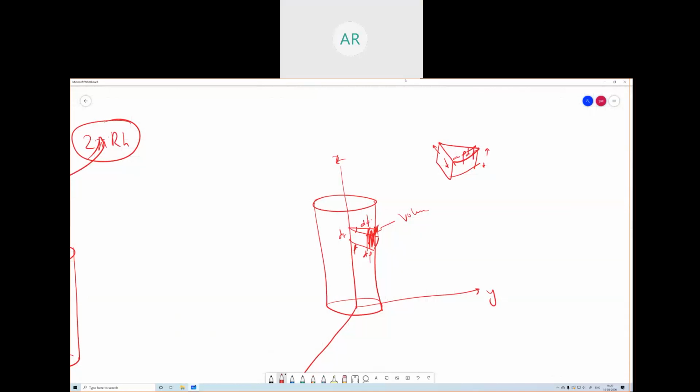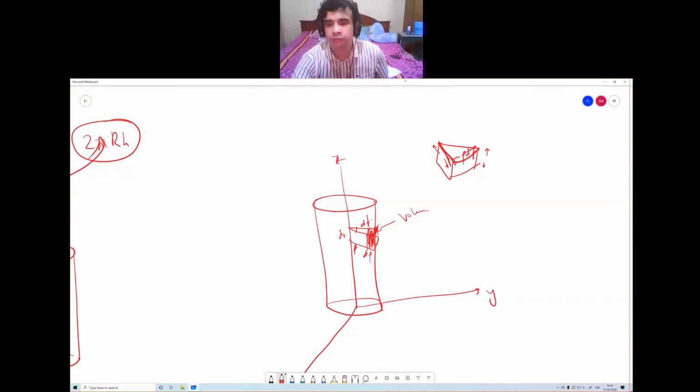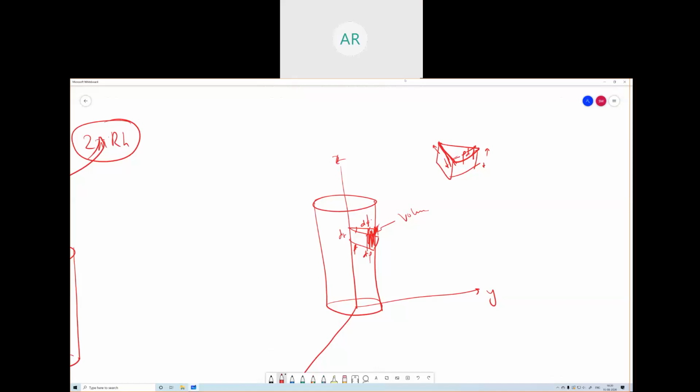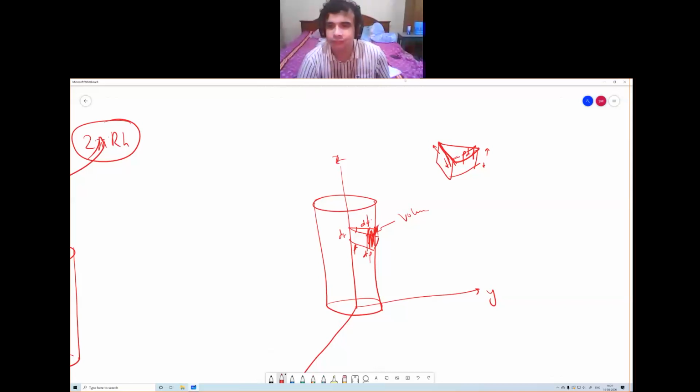What is this dimension, along rho? d rho.